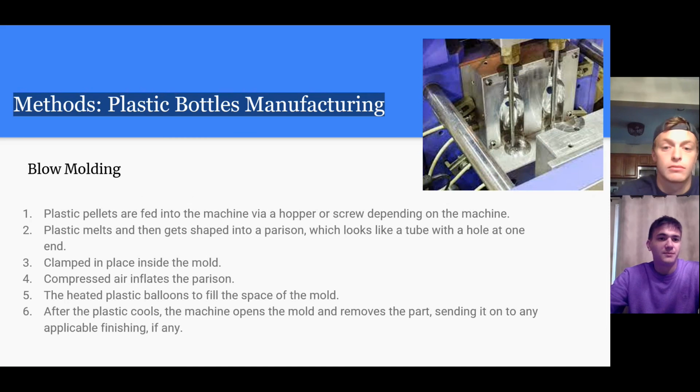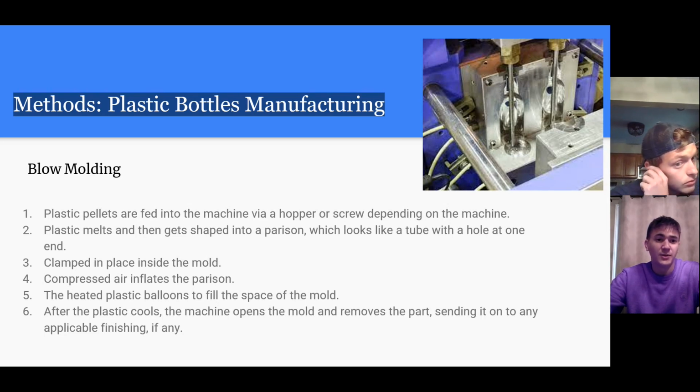Okay, so method 1 for manufacturing, which is plastic bottles. So blow molding is the main process used in creating plastic bottles. Plastic pellets are fed into a machine, and they are heated until they melt. And then a small amount of the melted plastic is placed inside of a tube.